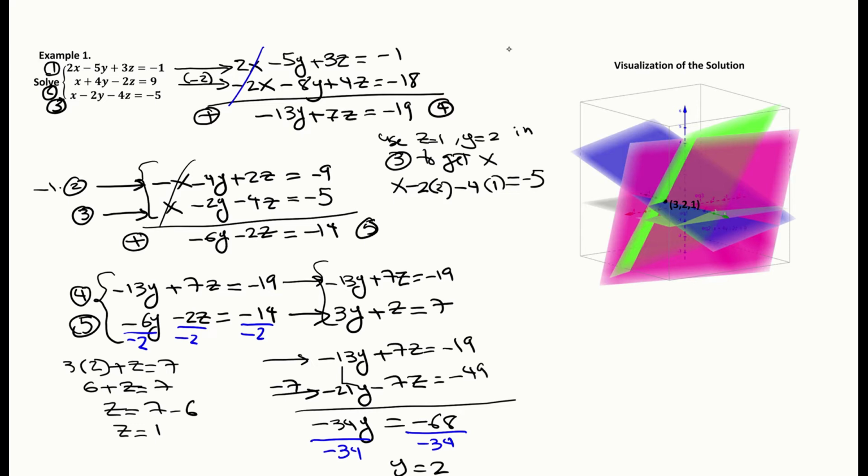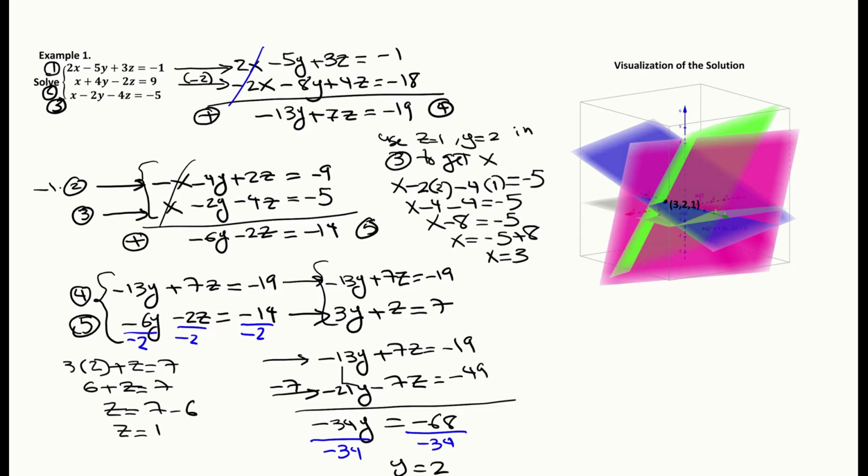So we get x minus 4 minus 4 equals -5. So x minus 8 equals -5. So x equals -5 plus 8. So we get x equals 3.